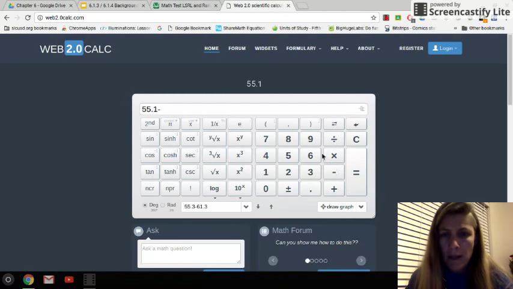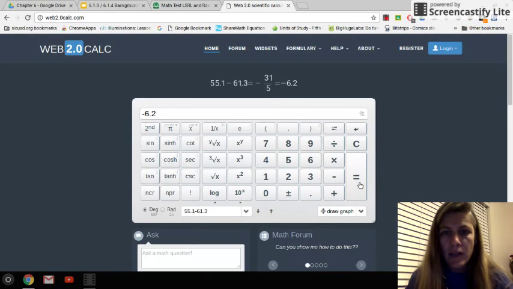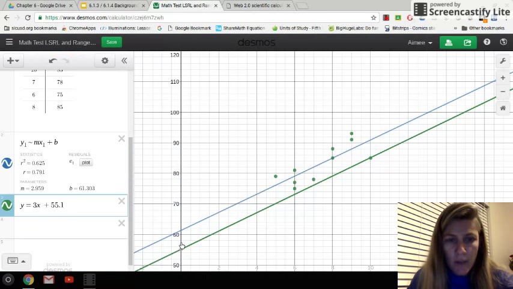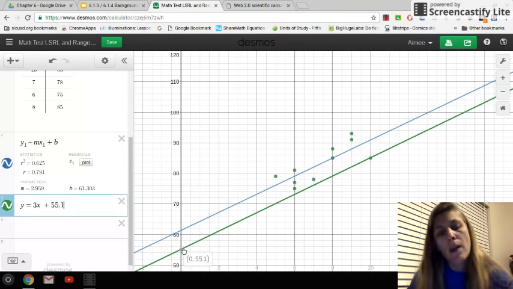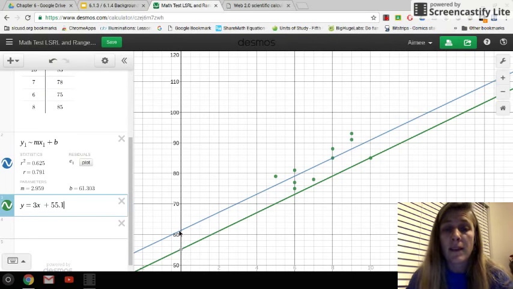55.1 minus 61.3. And as you can tell, it is a difference of 6.2. So I know that on Desmos, from here to here, there's a difference of 6.2. My bounds mean that I need an upper bound that's exactly 6.2 from my line of best fit as well.